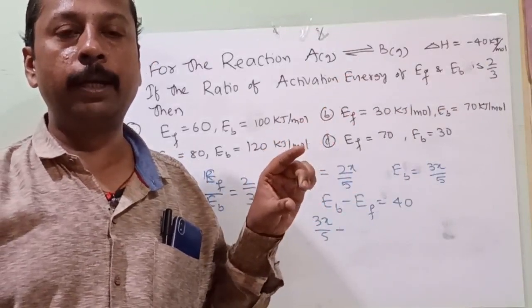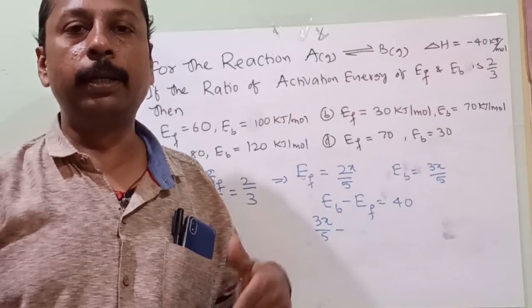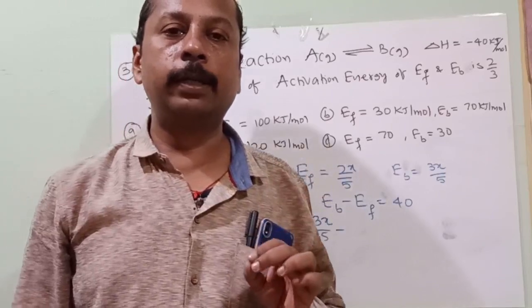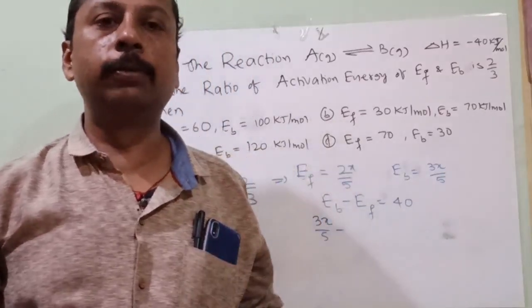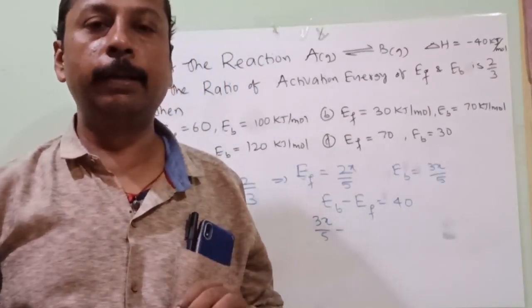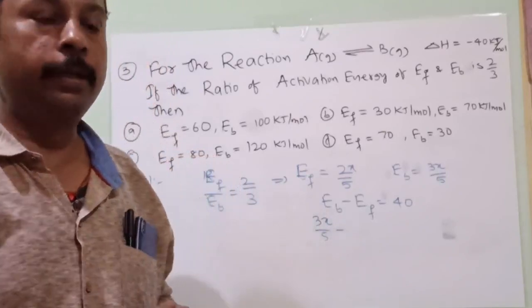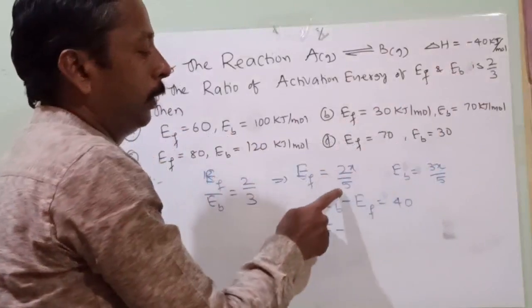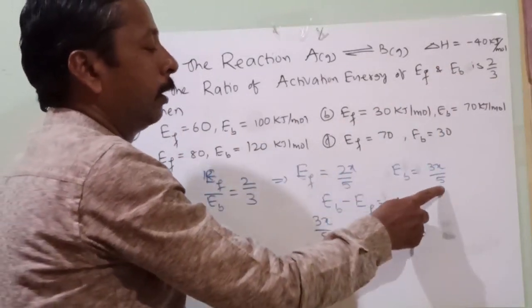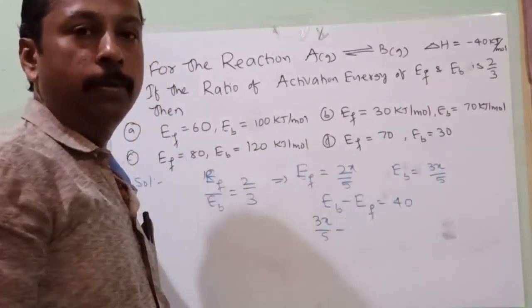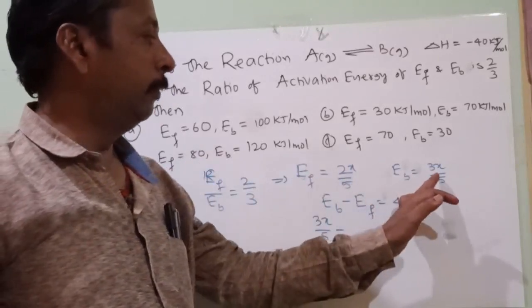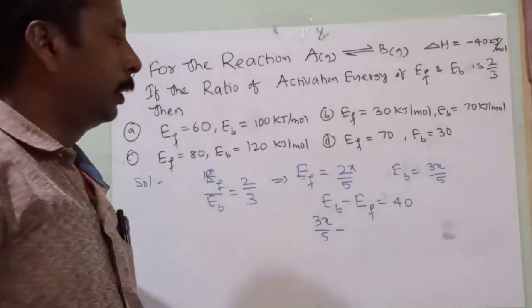In the forward direction it is exothermic, so it requires less activation energy. Generally, for exothermic, activation energy is less, and for endothermic, activation energy will be more. So forward it was exothermic, that's why less activation energy. Backward it will be endothermic, so more activation energy. So EF is equal to 2x by 5 and EB is equal to 3x by 5.